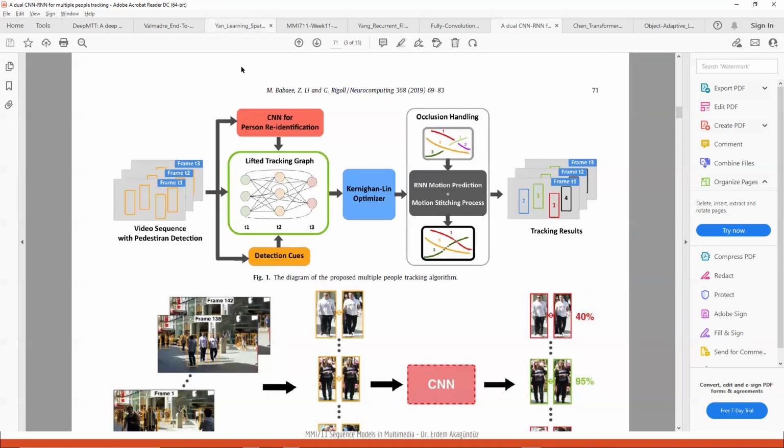The green nodes are the detections taken from frame T1, the yellow nodes are the detections from frame T2, and the red ones are the detections from T3. As you can see, the number of detections may change from frame to frame. Each detection is connected to each detection from the previous frame, and these lines are detection cues, which indicate how strong the similarity is.